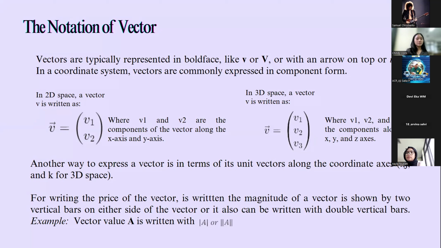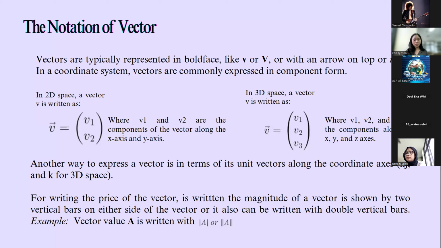In two spaces, vector v is written as v equals v1 and v2, where v1 and v2 are the components of the vector along the x-axis and y-axis. And in three spaces, a vector v is written as v equals v1, v2, and v3, where v1, v2, and v3 are the components along the x, y, and z axis.